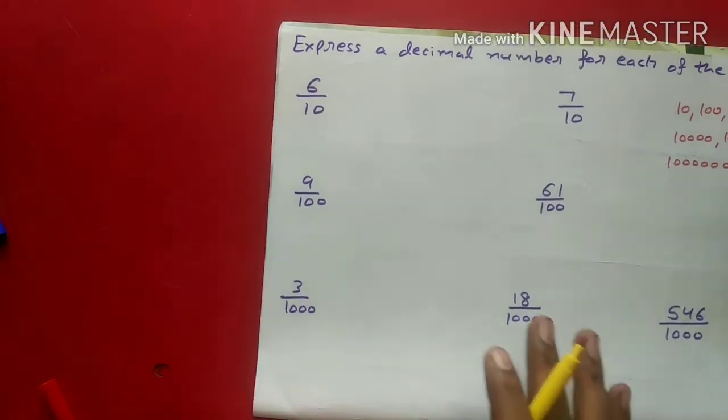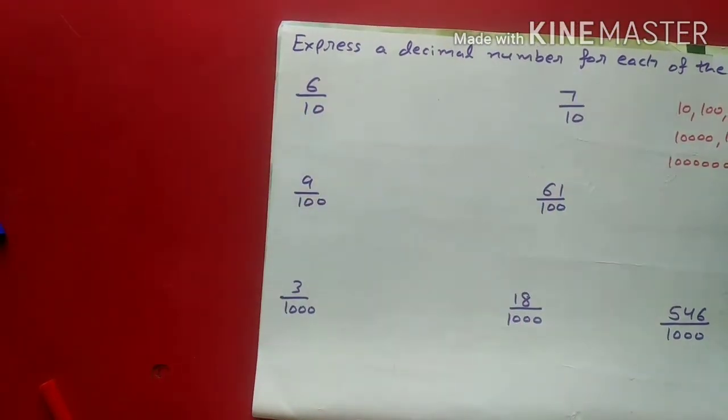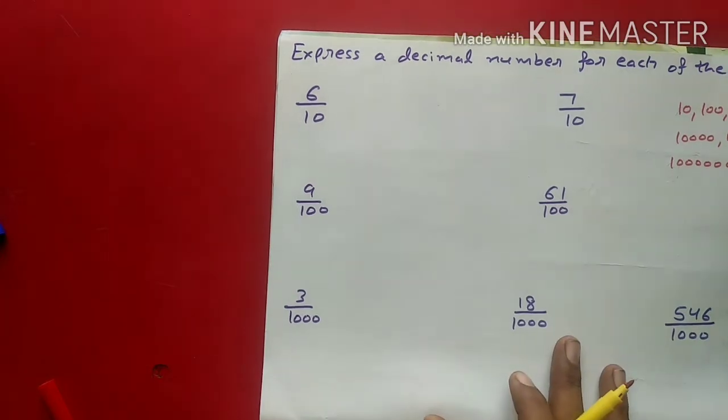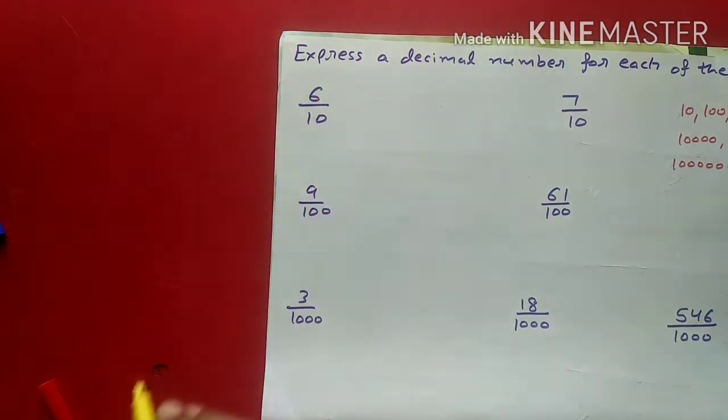Now you can see that there are some decimal fractions given to us, and we have to express them as a decimal number. Okay, now student, first of all, this is 6/10.